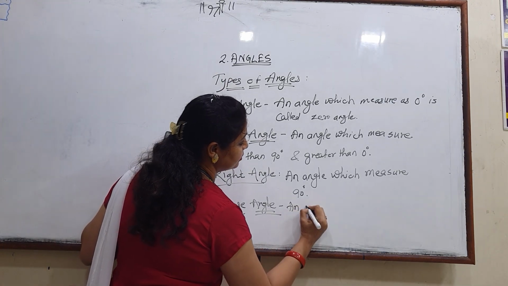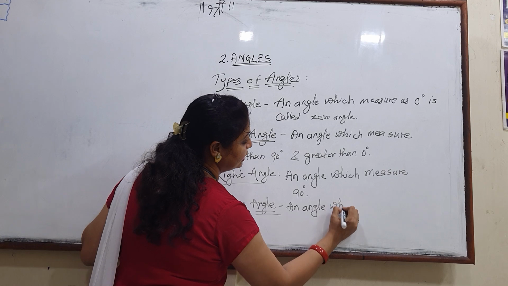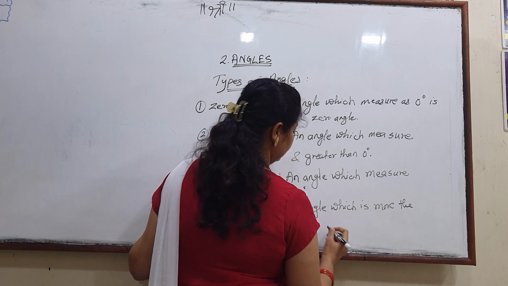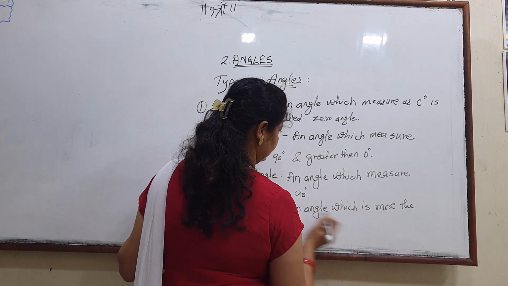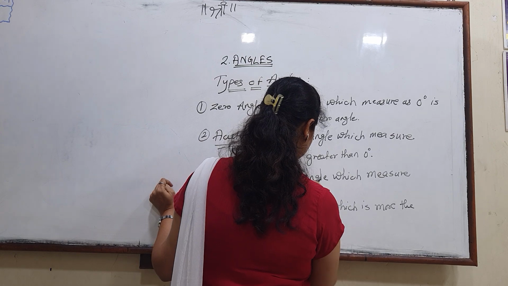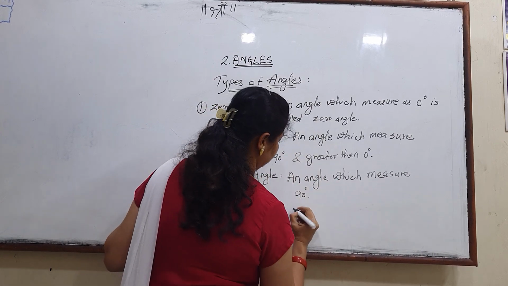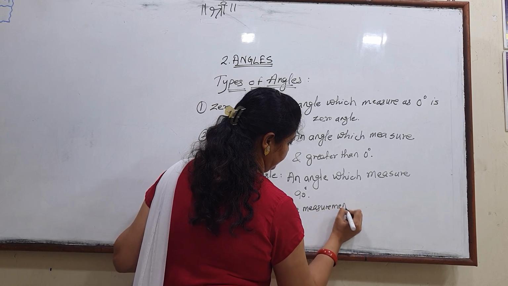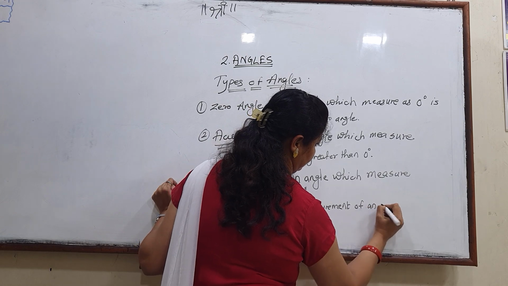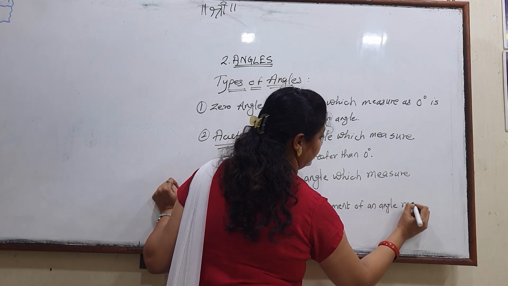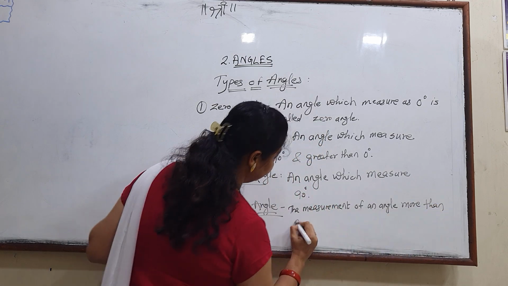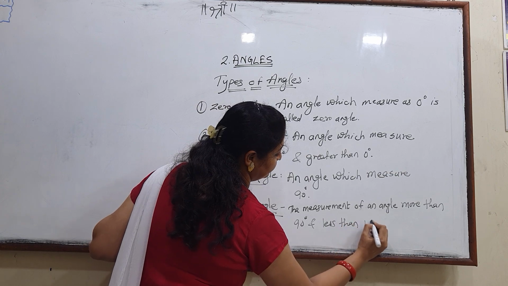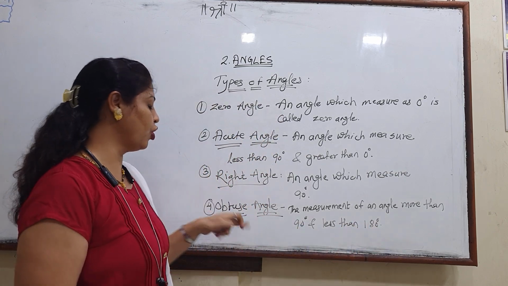An angle whose measurement is more than 90 degree and less than 180 degree. Okay. Such an angle is called obtuse angle.